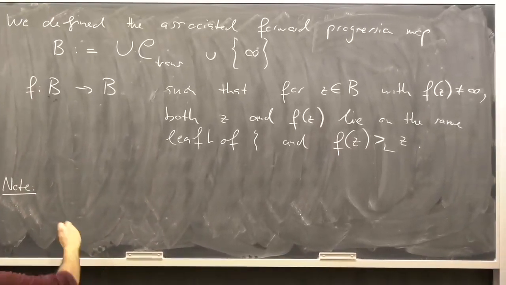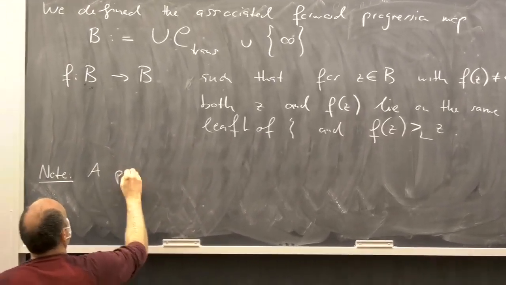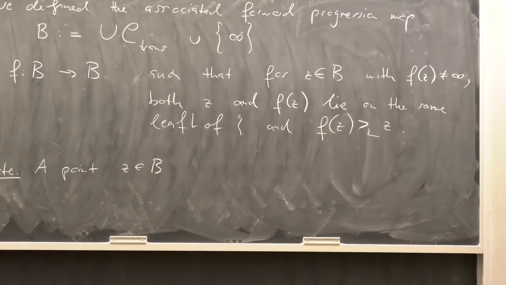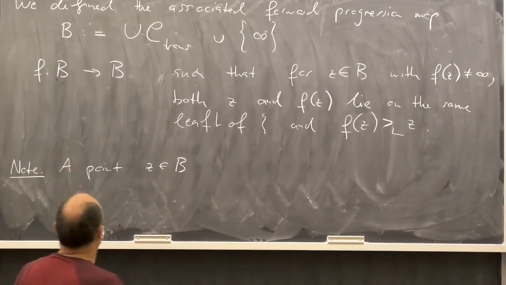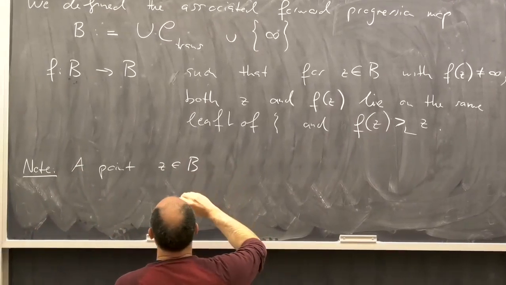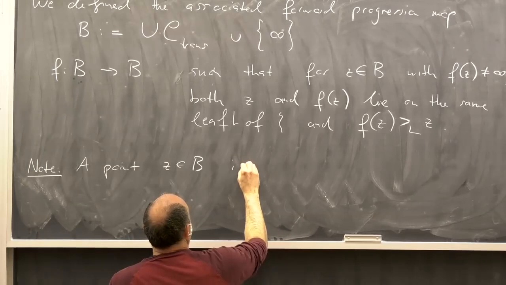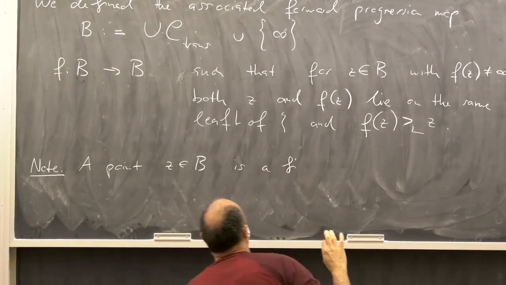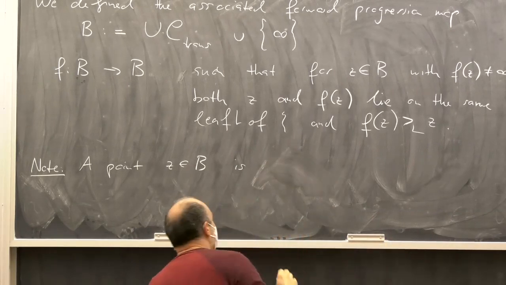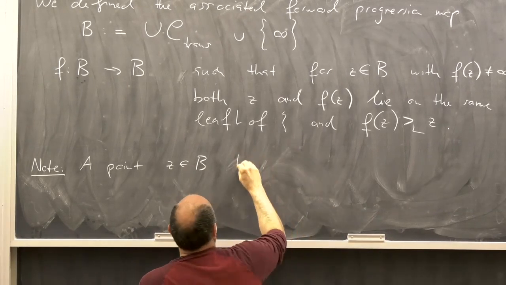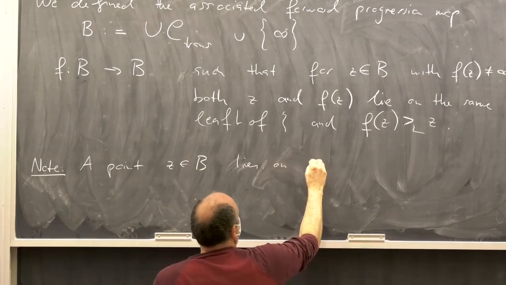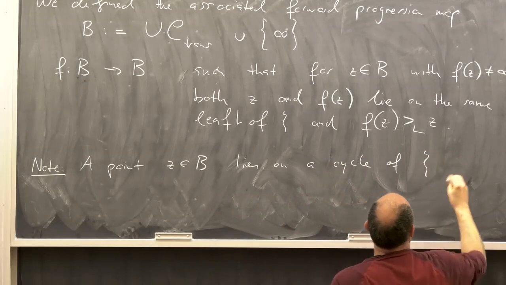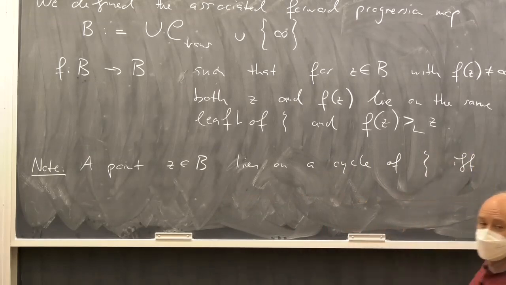Let's say a point Z in this set B, in the domain of the progression map, is a fixed point of F. No, sorry, there are no fixed points of F, but it lies on a cycle of Xi.